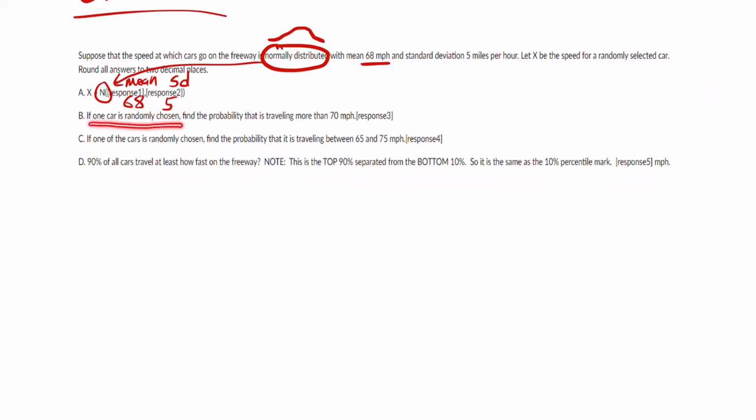If one car is randomly chosen, find the probability that it is traveling more than 70 miles per hour. More than 70. Okay, how do I do that? Well, let me go to the notes with you real quick. They'll help us. The exam 2 notes. Yeah, there it is.